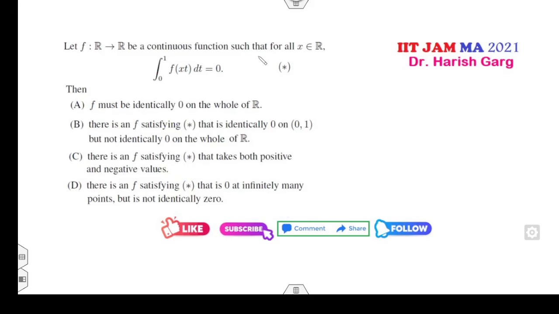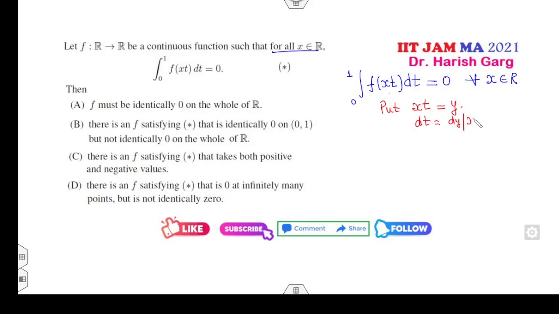f is a continuous function such that for all x, the integration from 0 to 1 of f of x t dt is 0 for all x. First of all, let us make the calculation easy. You can choose x t equal to y. Then what is the value of dt? dt will be dy over x.